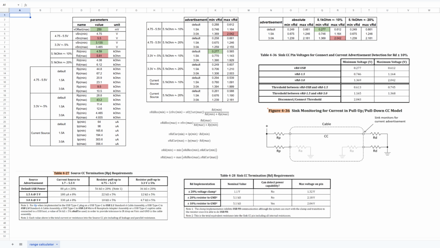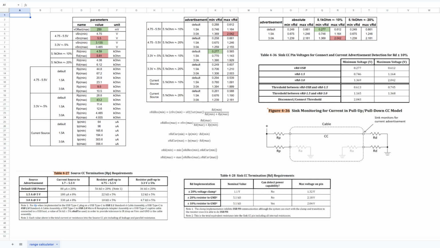In general, the sink does not know the source implementation. That is, it does not know which of the three columns in table 427 is being used. Thus, we must calculate the voltage using each of the three possibilities and then take the minimum and maximum to define the range. I've colored the cells used to calculate 277 millivolts green.